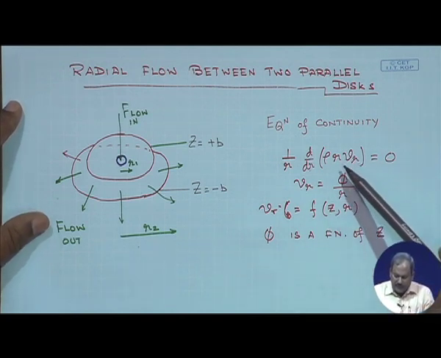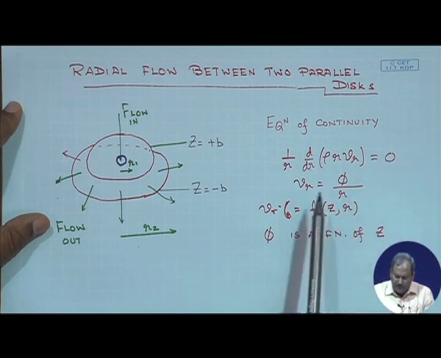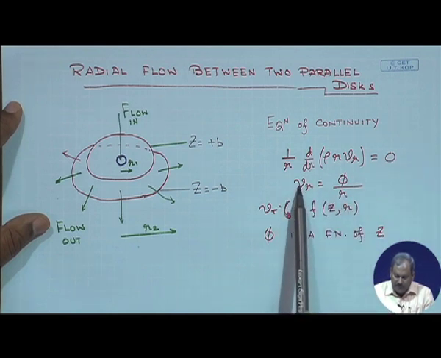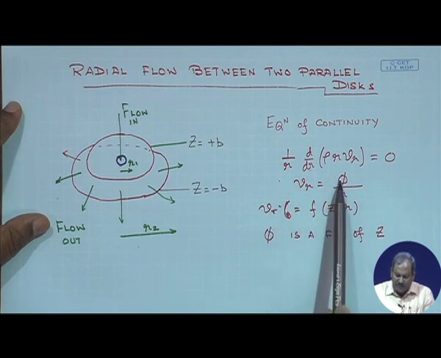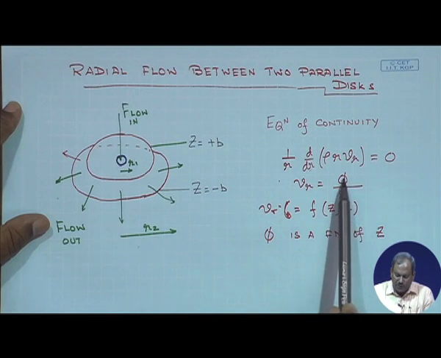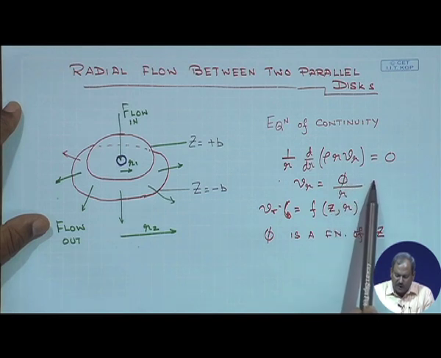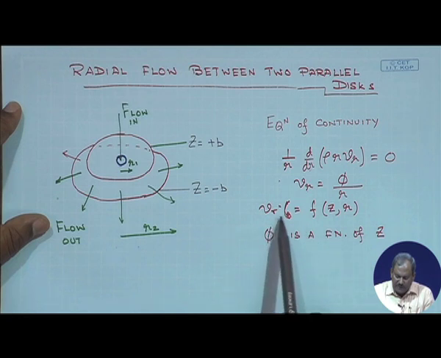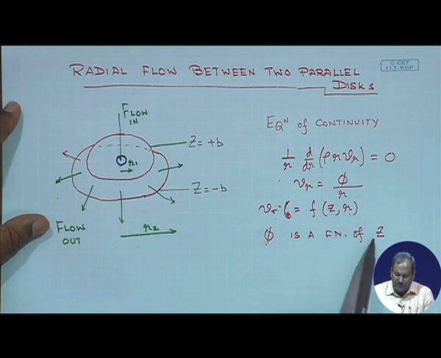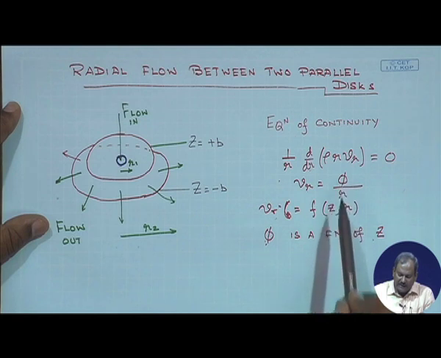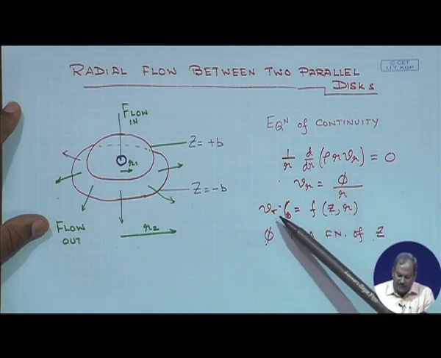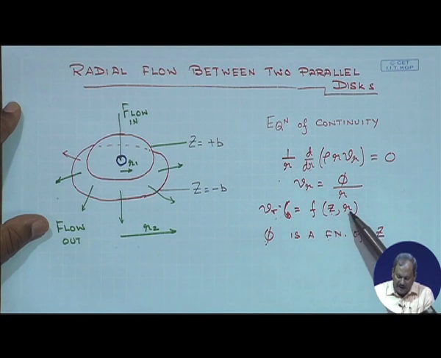Once again, d/dr of (r Vr) is 0, so d/dr of (r Vr) is equal to d/dr of φ, which is equal to 0. So φ is not a function of r. However, since Vr is a function of z and r, φ has to be a function of z.